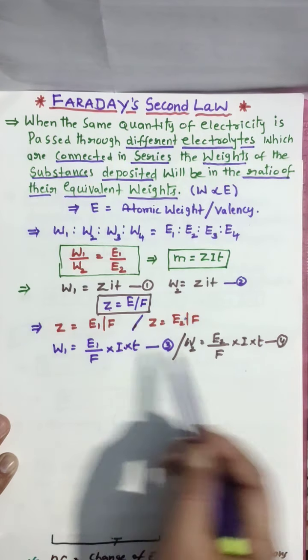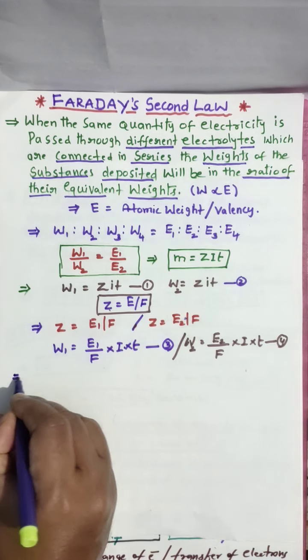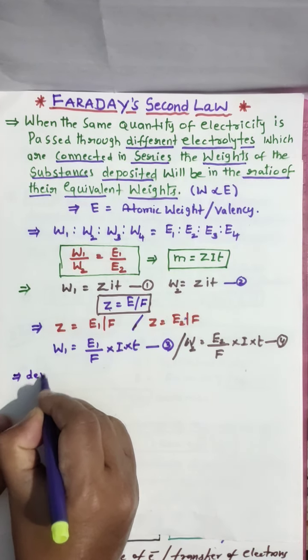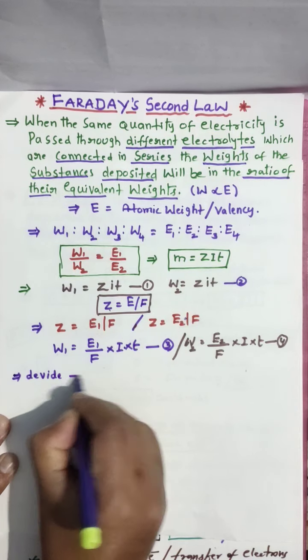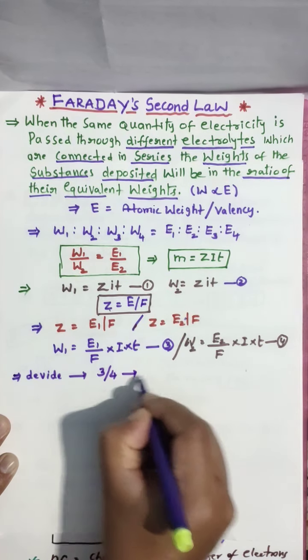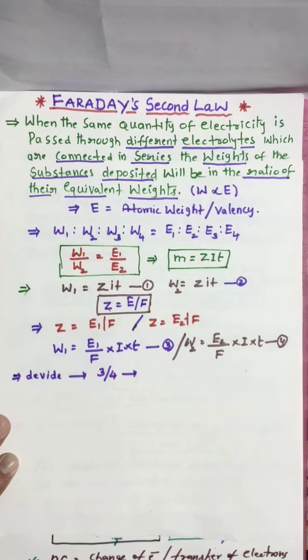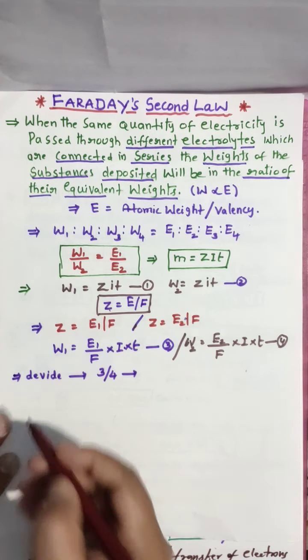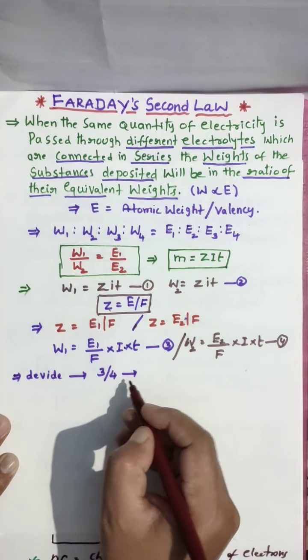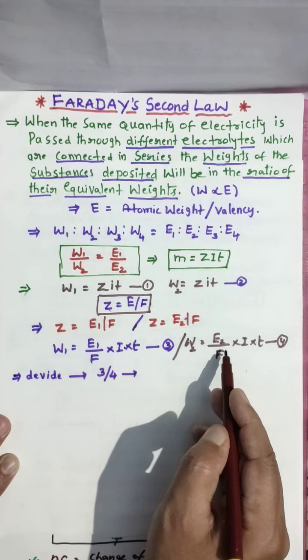1, 2, 3, 4. Now divide the third equation with the fourth, we'll get Faraday's second law. Divide the third equation with the fourth equation, meaning this equation divided by this equation.